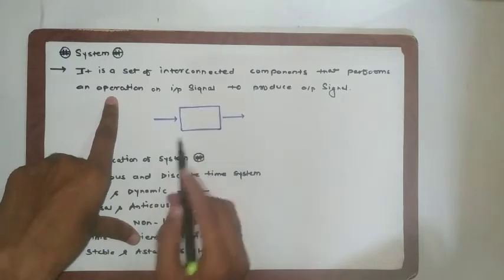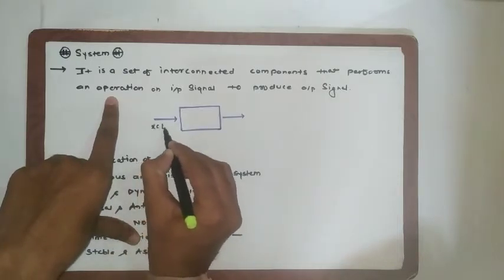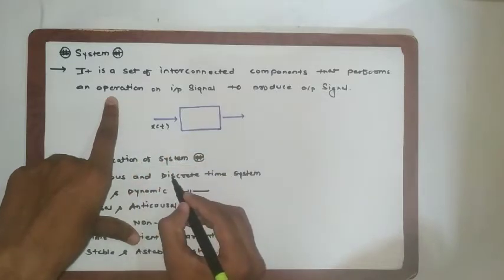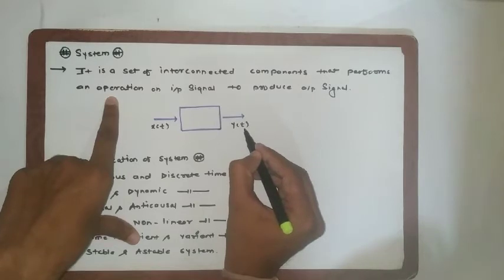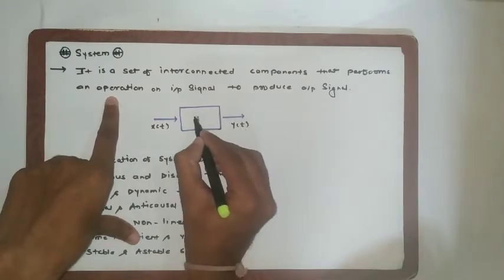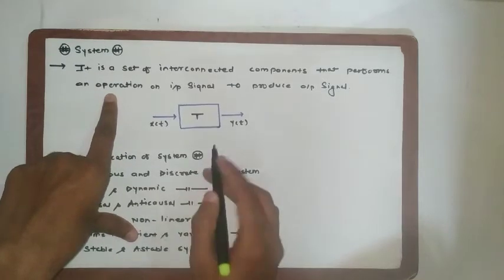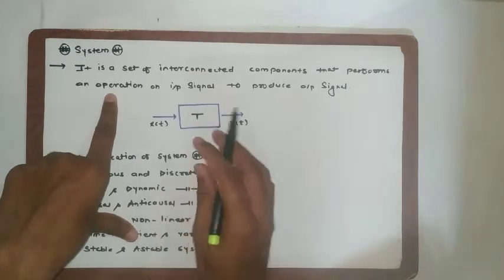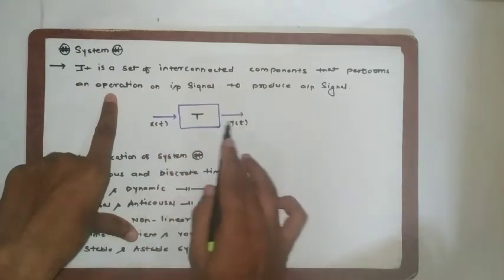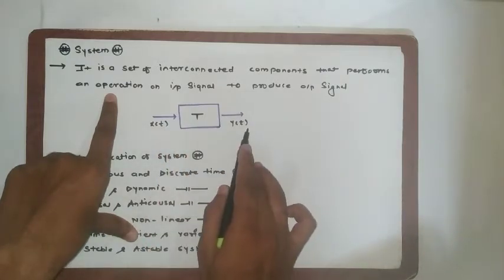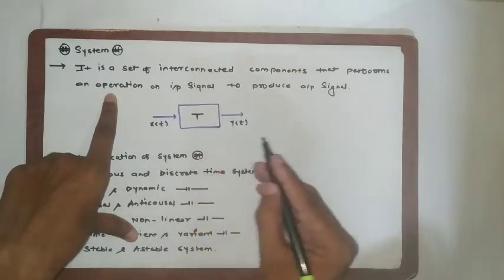If you consider this particular block, here I am considering the input as x of t, and we will get the output as y of t, and here I am keeping the term T, that stands for transformation. Basically, transformation is nothing but any operation that is performed on an input signal to give another signal as output. Such arrangements are called systems.